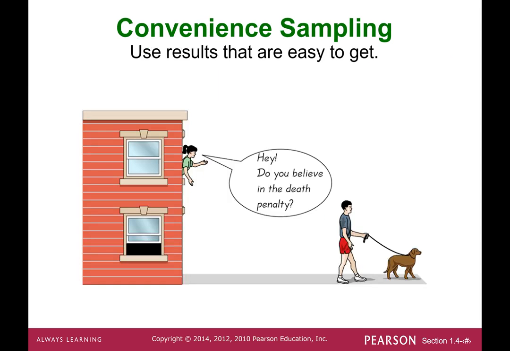The second sampling method is what we call convenience sampling. We use results that are easy to get. For example, if you live in a building and you conduct a survey and collect data from your neighbors, this is convenience sampling.